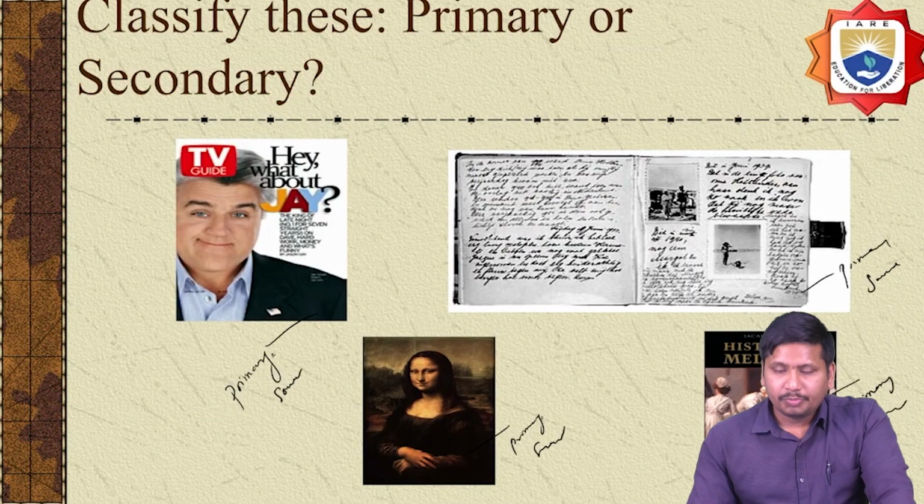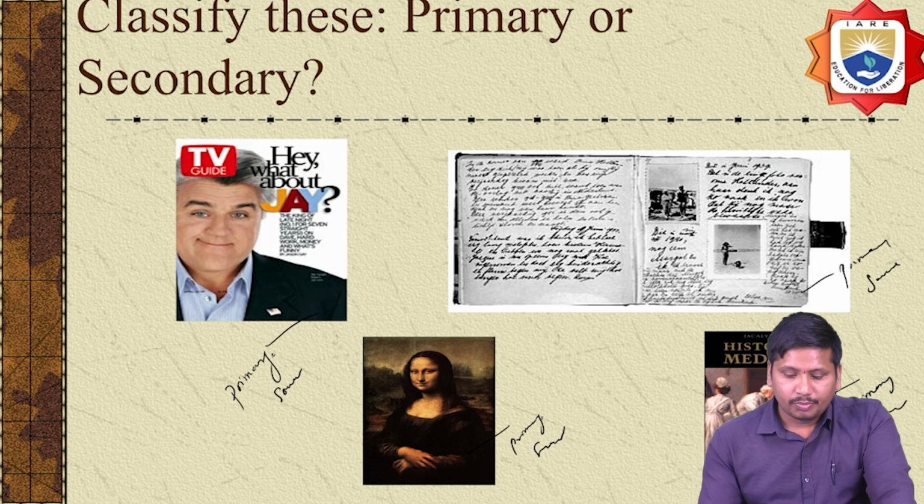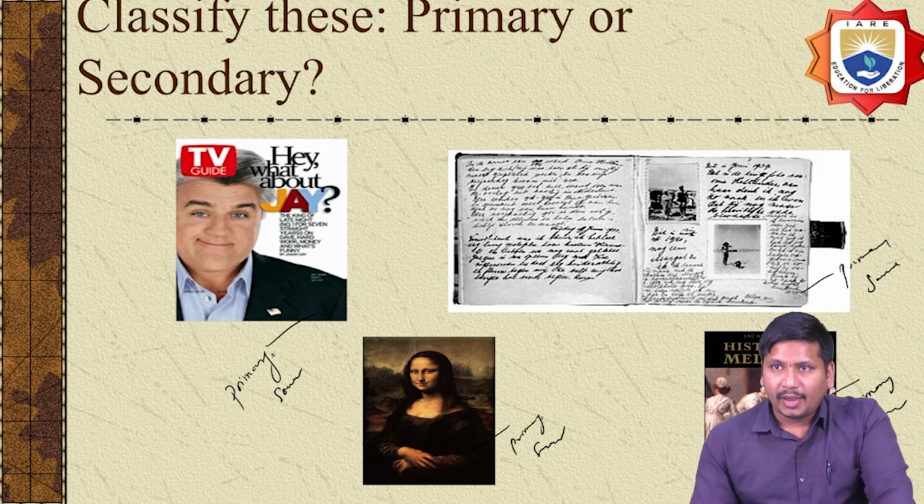So these are some of the pictures I have shown as examples of primary and secondary here. Some magazines, and newspapers, and photography, and history of medicine, or a textbook, whatever it may be, should come under the primary source.